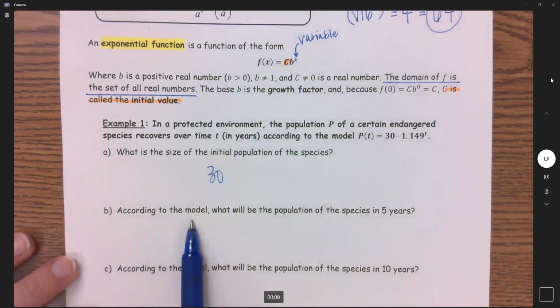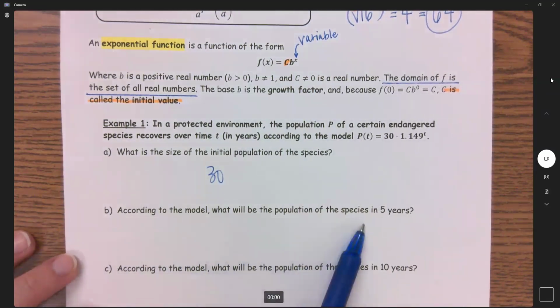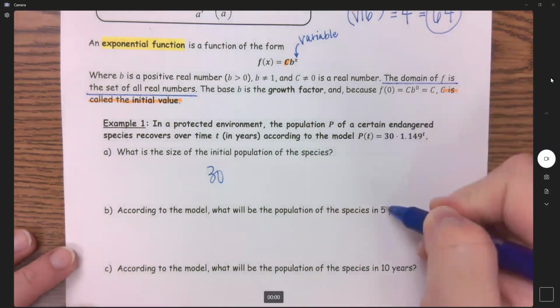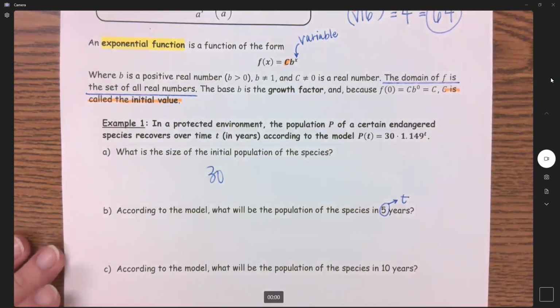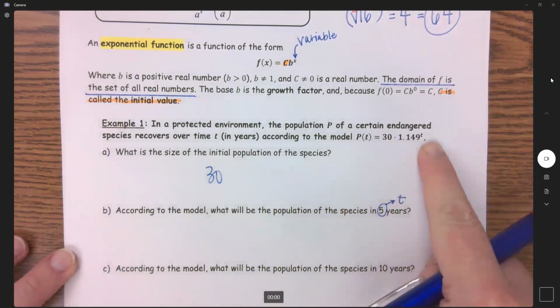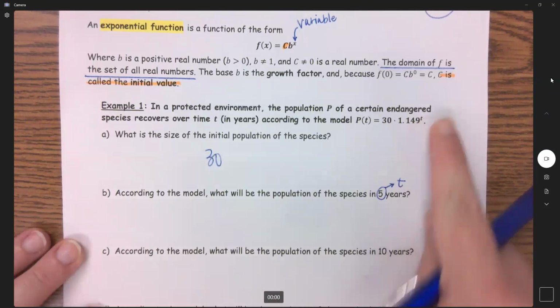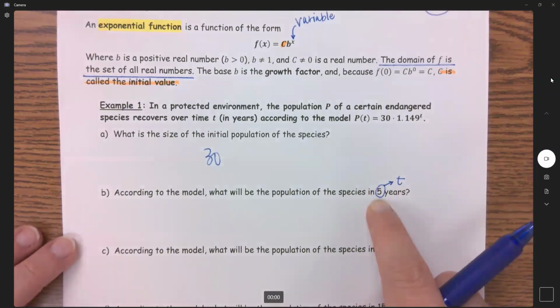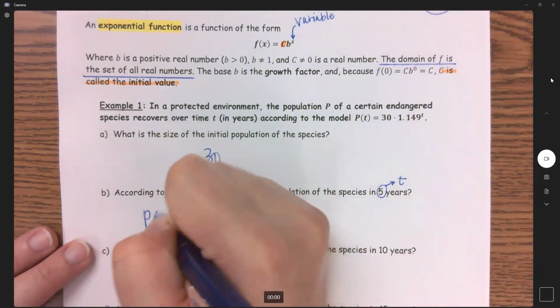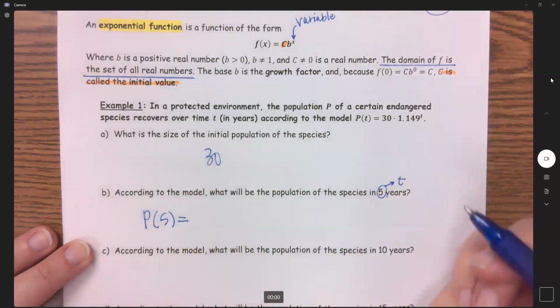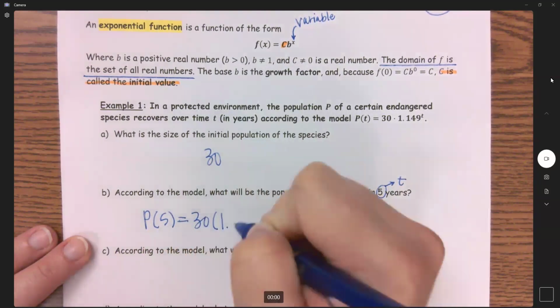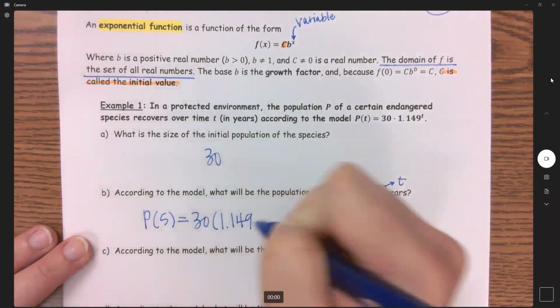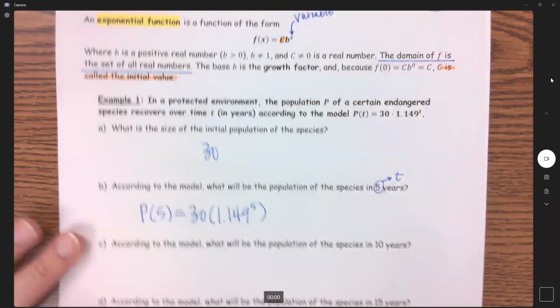According to this model, what will the population of the species be in 5 years? So this 5 is talking about my t. I'm going to take this and replace this t with what they give me. So P of 5 equals 30 times 1.149 to the 5th power.